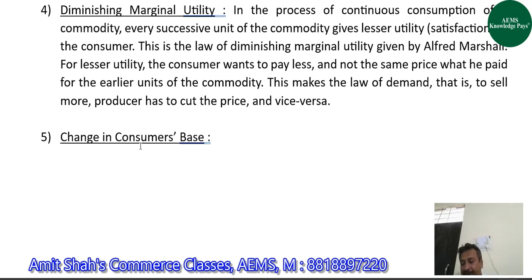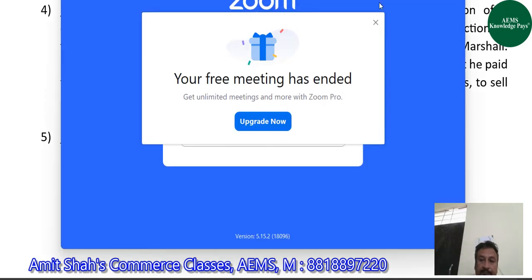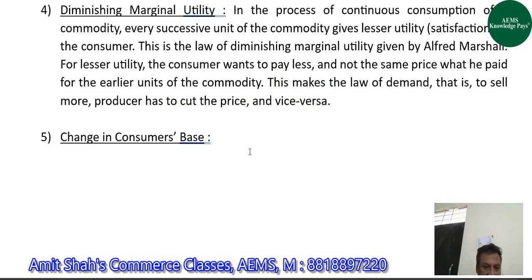Now, guys, all the points that we saw so far were about existing consumers only, whether it is the substitution effect, the income effect, the law of diminishing marginal utility, or multiple uses of a commodity.